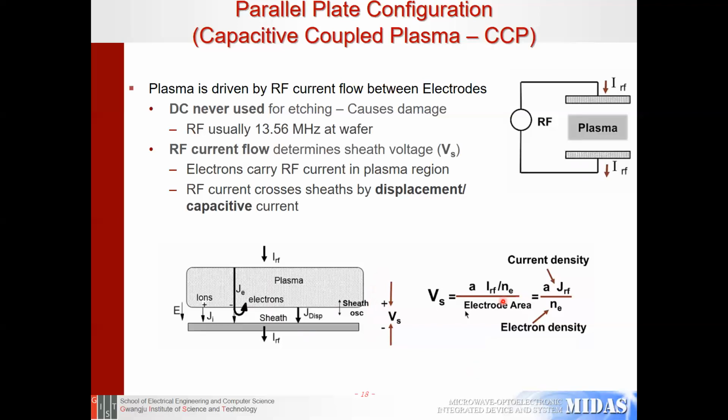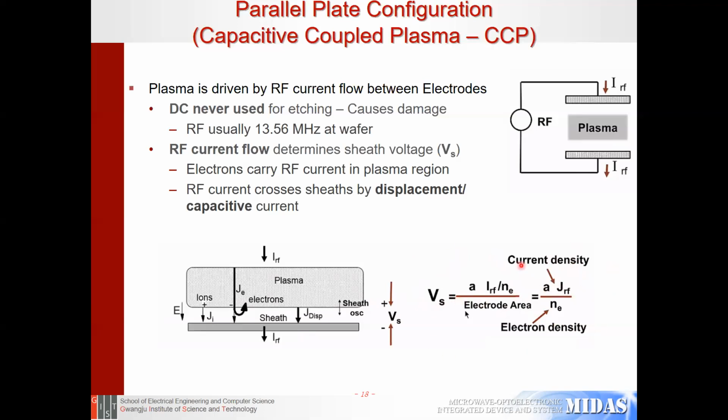Here, the relationship between the sheath current and the sheath voltage is that the sheath voltage is directly proportional to the RF current density in the sheath region divided by the electron density. Since the voltage depends on the current density, the area is critical in changing the sheath voltage. The higher the area, the lower the current density and the lower the sheath voltage.